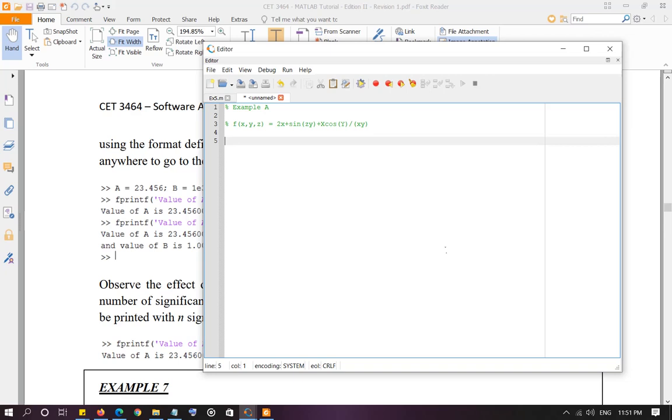So let's say I ask the user, first of all, x is equal to input, enter a vector with values of x, y, and z to evaluate.